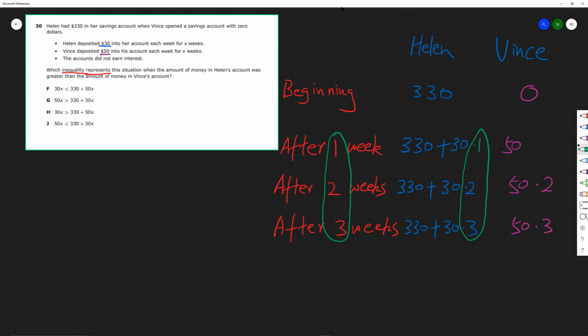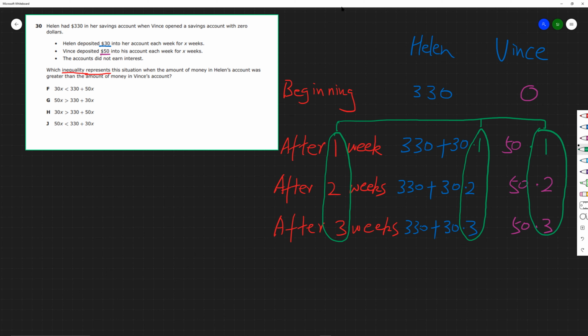We can think of this $50 as $50 by 1 week. What changed is this part: $50 by 1 week, by 2 weeks, by 3 weeks. The changing part is the number of weeks, and all the rest remain the same.